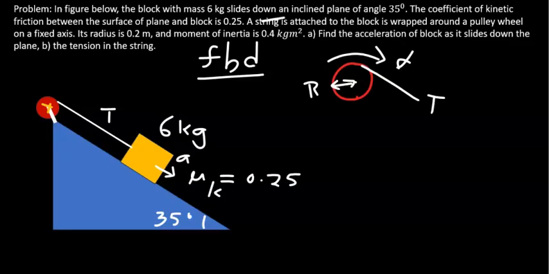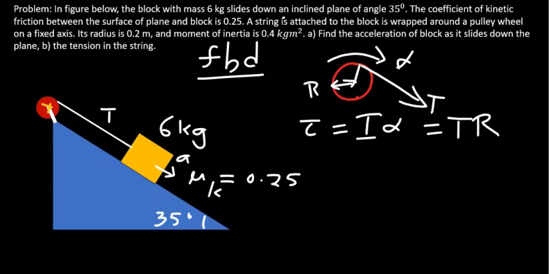Keep in mind, we also know the moment of inertia of the pulley. So we can write Newton's second law for rotation, namely the torque equals moment of inertia times the angular acceleration of the pulley. Now the torque arises from that tension in the string, and that is just the tension times the moment arm. In this case it is the radius of that pulley.